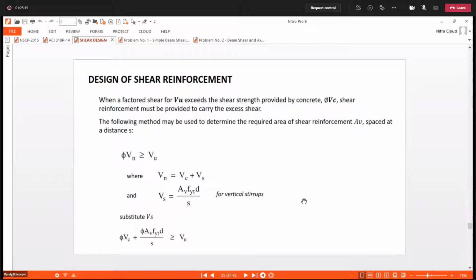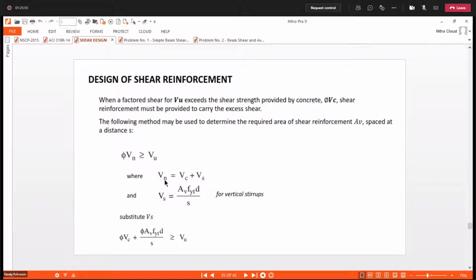So this is just equations for us to determine what we call capacity. If we are trying to compare the shear strength of our beam to VU, this is how we solve phi VN.